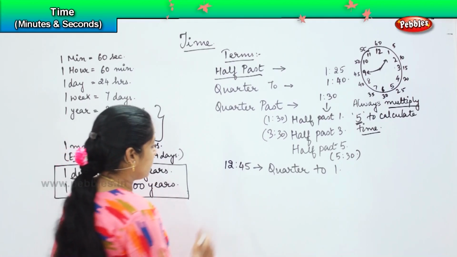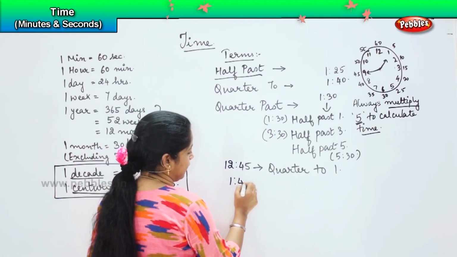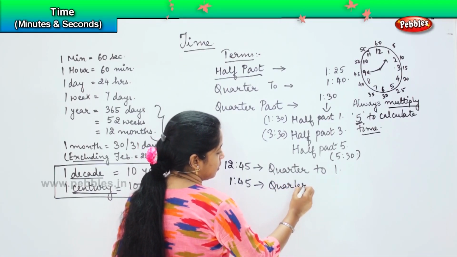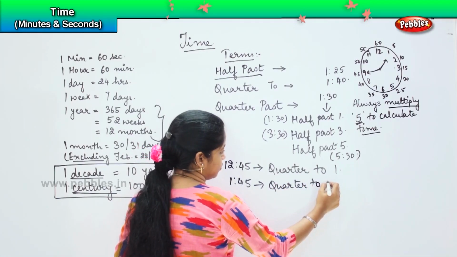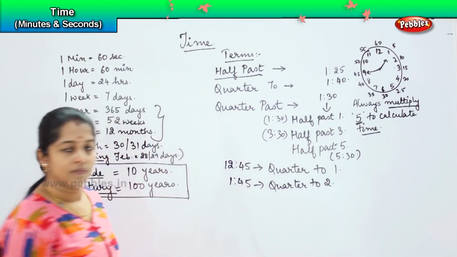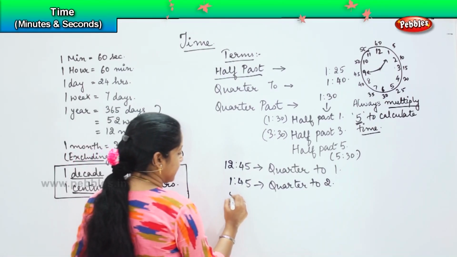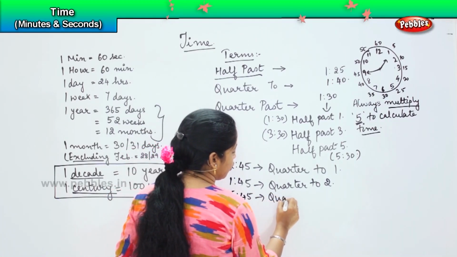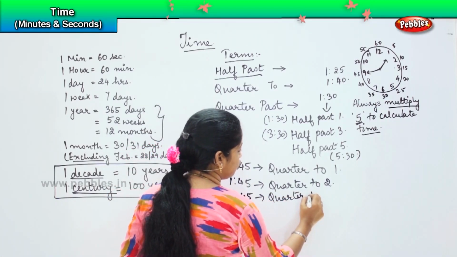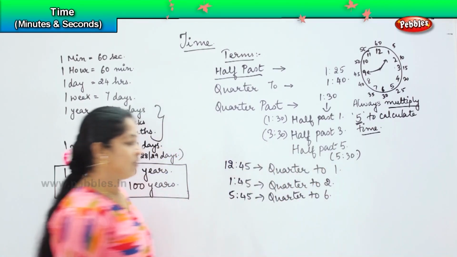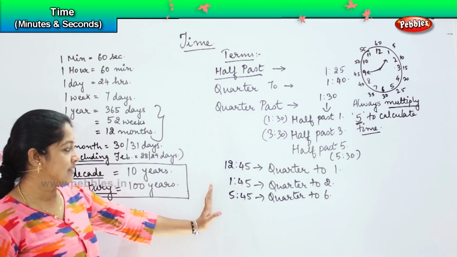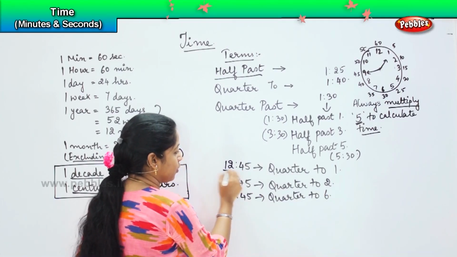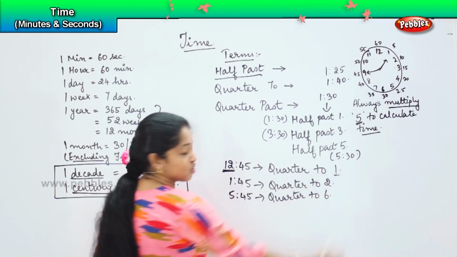Okay? So, similarly, if I write 1:45, I can write it as quarter to 2. Say if I want to write 5:45, I will write it as quarter to 6. So, keep in mind whenever you get this number, it will change to the very next figure. Do you notice? This 12 has changed to 1.